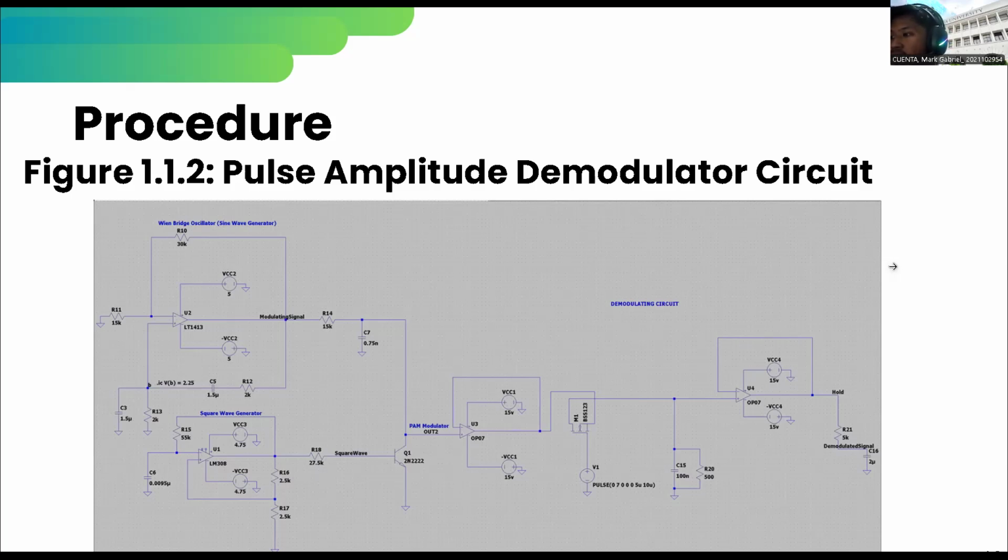These samples are then fed to the OP07 buffer amplifier, which isolates the MOSFET from the next stage and ensures that the sampled pulse remains clean and stable.